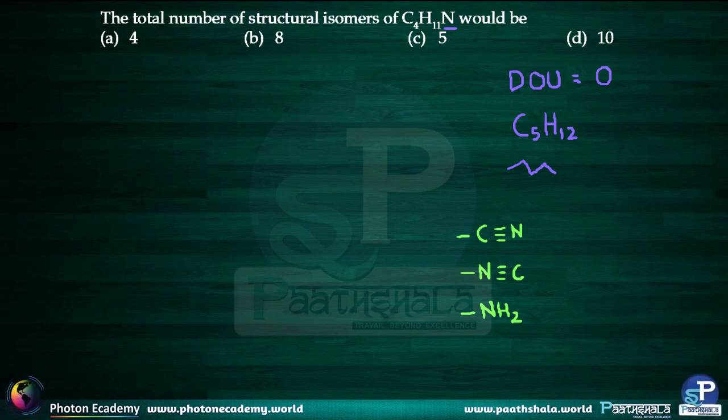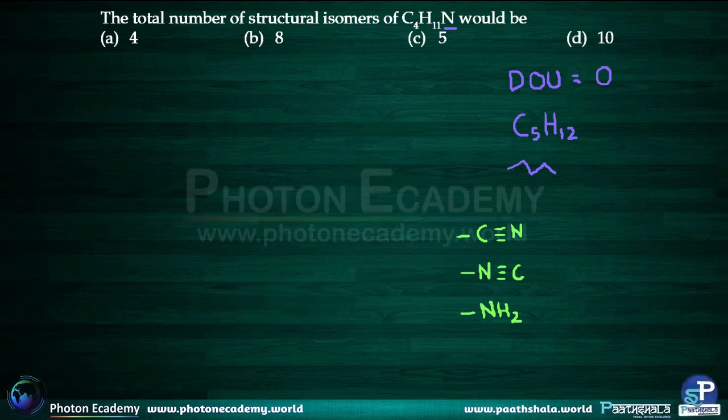But what we understand is that the DOU is equal to 0. Hence pi bonds are not allowed. The compound has to be completely saturated. So the amine group is the only possibility. Cyanide is not allowed. Isocyanide is also not allowed.